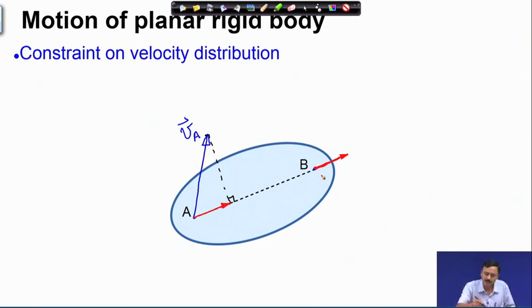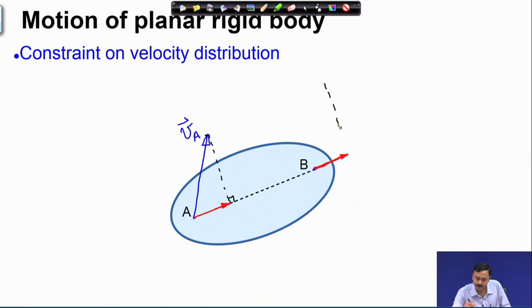So, what can be the velocity vector at B? It must be that whatever be the velocity at B, its projection along AB must be this red vector. So, how do I then determine that?